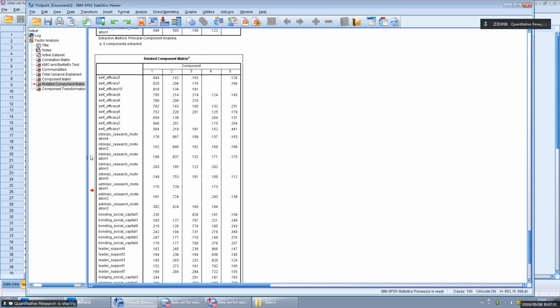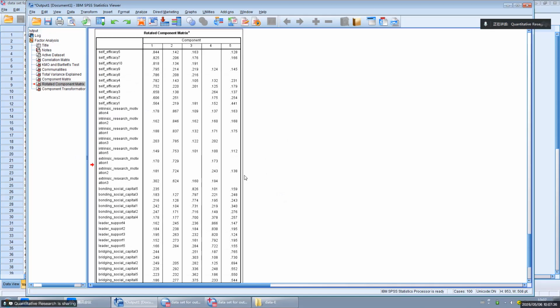Very good. But here I want you to check the result again. Just now we know that there is a cross-loading problem. What other problems can you find in this data?